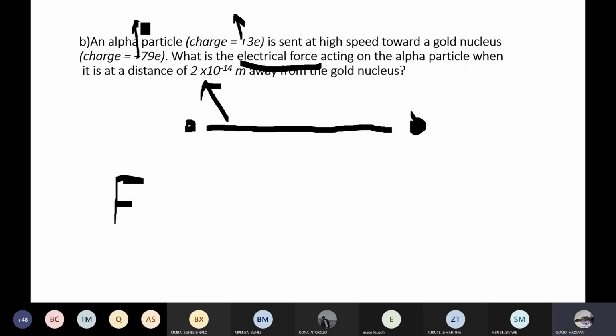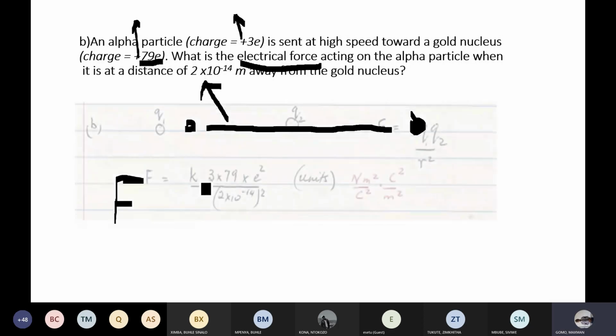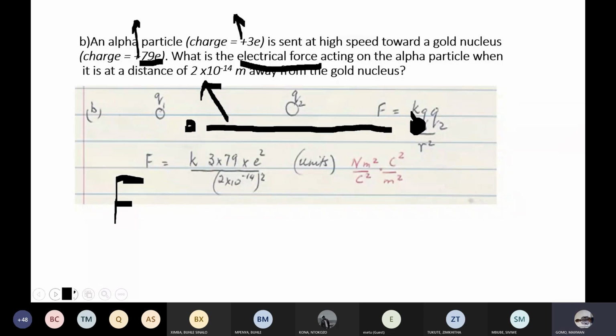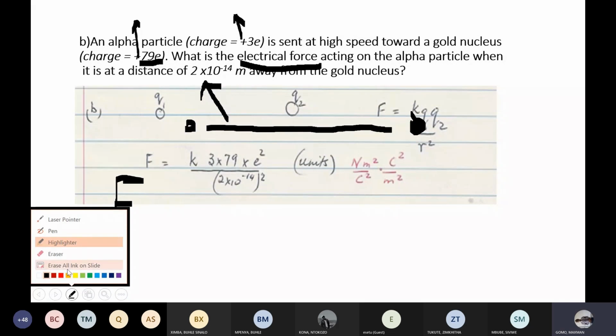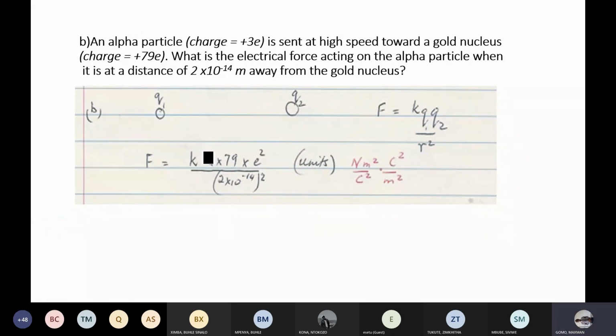But remember, Q is a charge, and this right here is a number of electrons multiplied by E, which is a charge as well. So you use this one as your Q1 and this one as your Q2 to find your answer. Let me bring this one forward so that you guys can see.